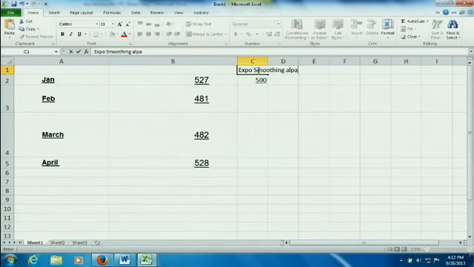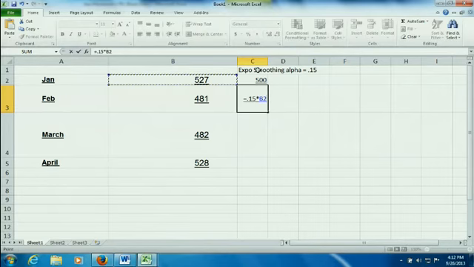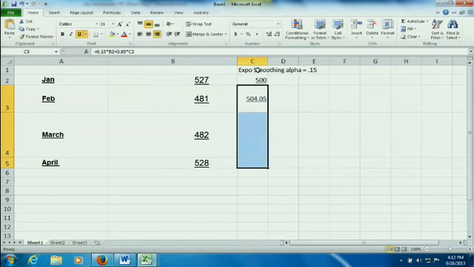Alpha equals 0.15, right? So we take 0.15 times the previous value plus 0.85 times the prior forecast. And we fill that down.